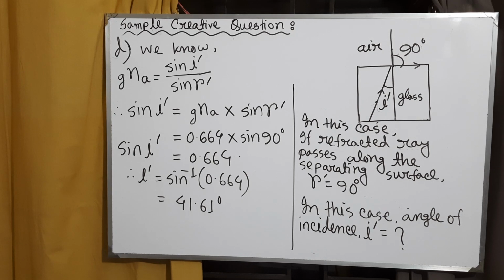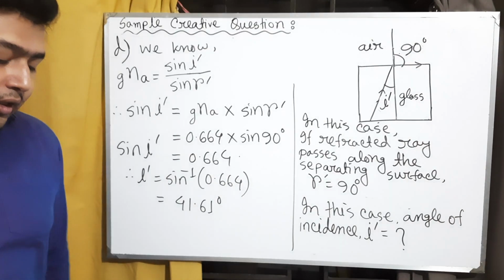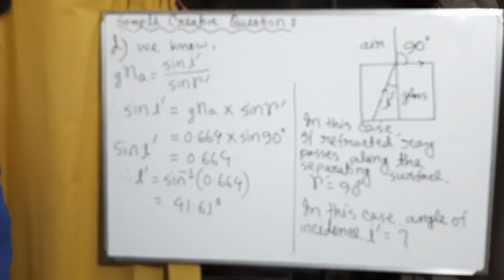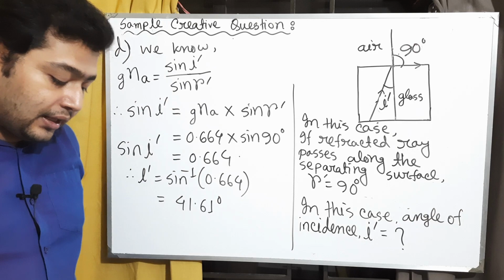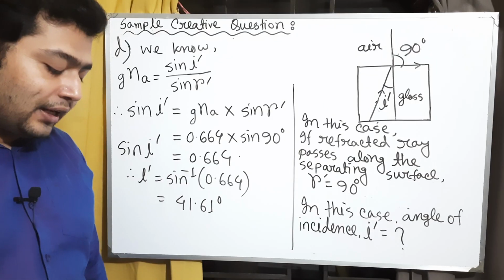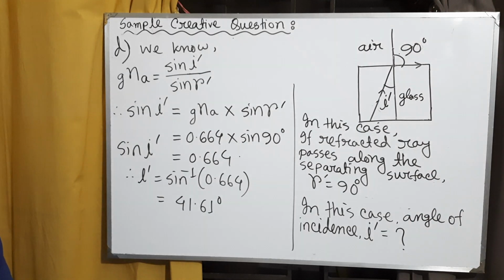Now we will calculate question number D. Here we need to determine, if the refracted ray will go towards the plane of separation, then what change of incident angle is needed.